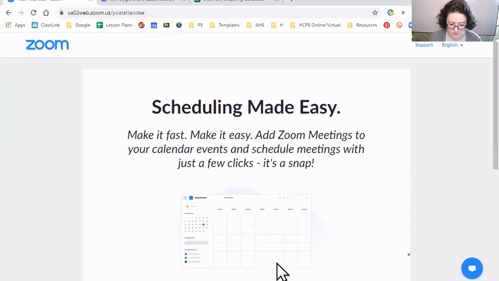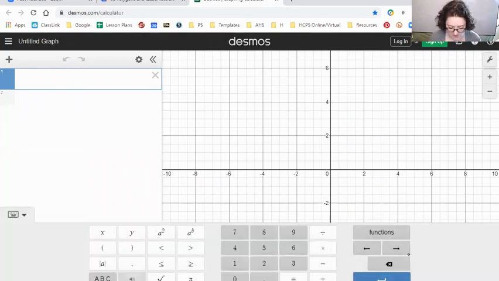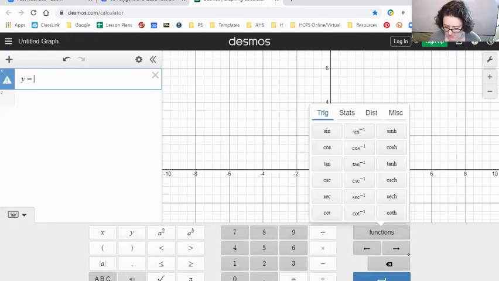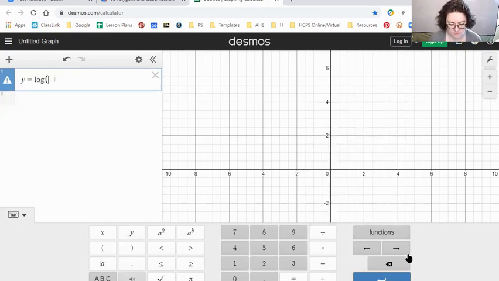There we go. And let's actually graph this out. So I'm going to type in y equals, and then under our functions, we need to go under miscellaneous. That's where our log is going to be. You see it down towards the bottom, log. And if you have a full keyboard, you could just type in log.